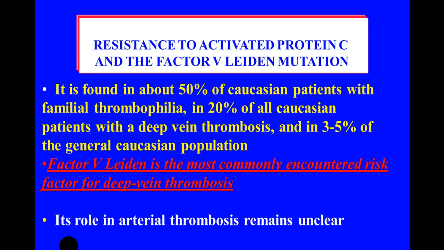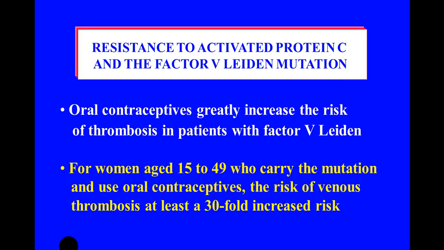Factor 5 Leiden is the most commonly encountered risk factor for DVT. Its role in arterial thrombosis is not so clear.